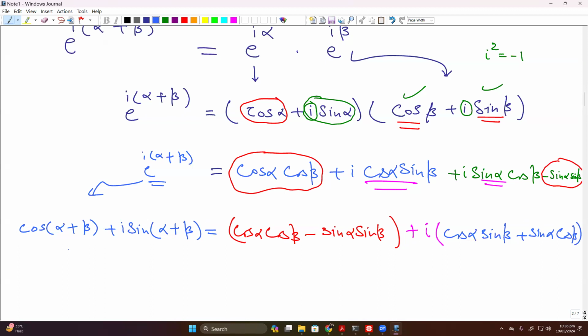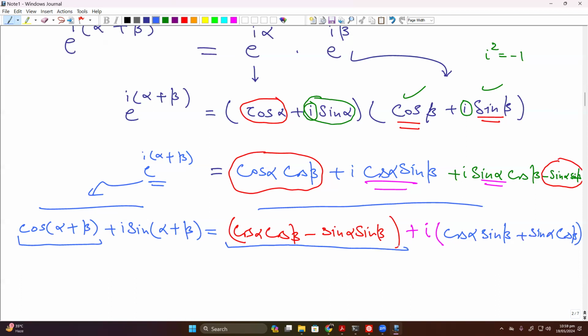Now I have an expression which is a complex expression. On this side, I have a complex number. On the other side, I have a complex number. And we know from the equality of two complex numbers from our very first lecture that the condition for equality is that the real part of the complex number on the left-hand side must be equal to the real part of the complex number on the right-hand side.